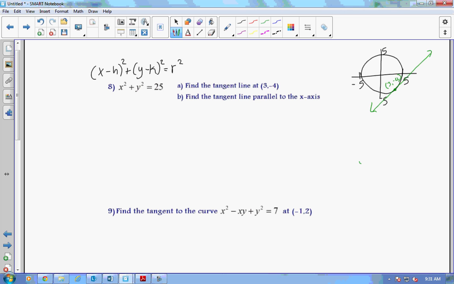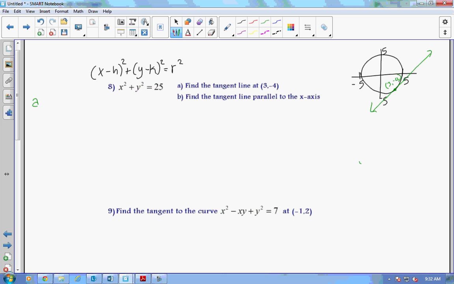Would you turn to your neighbor and tell them, when you see tangent line, what should you think to do? Okay, Ariel, what'd you get? What do we do when we see tangent line? Find the derivative. Okay?